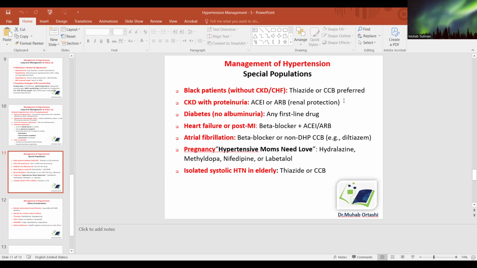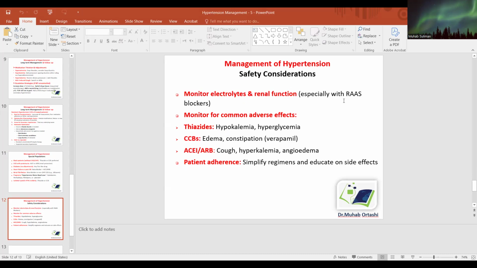And if the patient has isolated hypertension, especially in the elderly, we prefer calcium channel blockers or thiazide. For the safety considerations, all of them were discussed before. This is just to memorize that we have to monitor the adverse effects commonly associated with each drug.